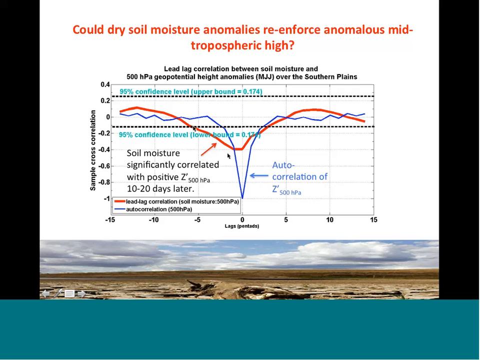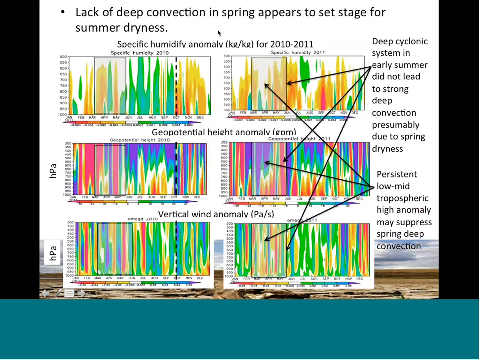As you can see, soil moisture anomalies are significantly correlated with a positive increase of 500 millibar geopotential height 10 to 20 days later. And this correlation is greater than the autocorrelation of the 500 hectopascal geopotential itself. This suggests that soil moisture anomaly might contribute to the positive 500 hectopascal geopotential anomaly.